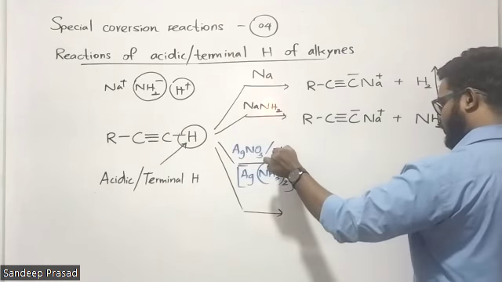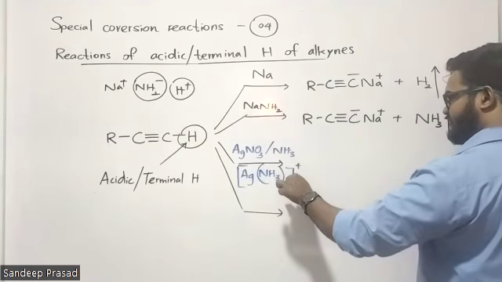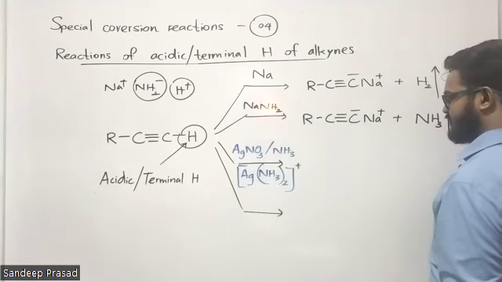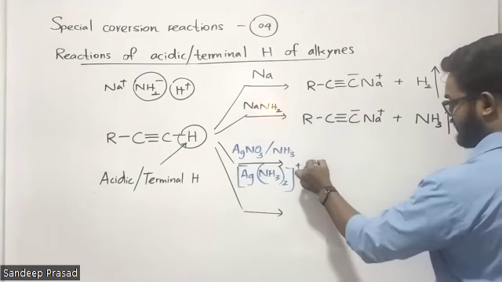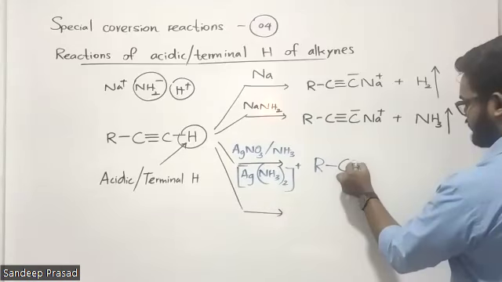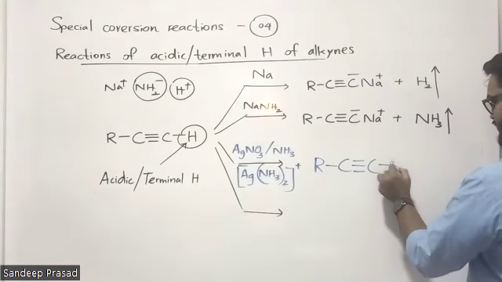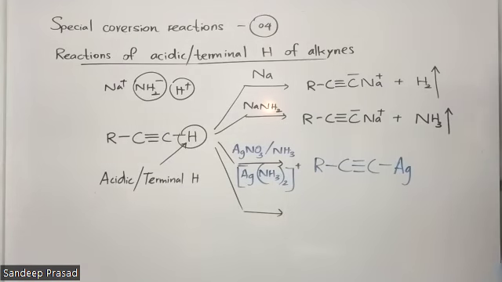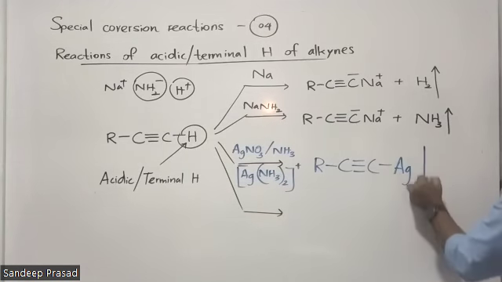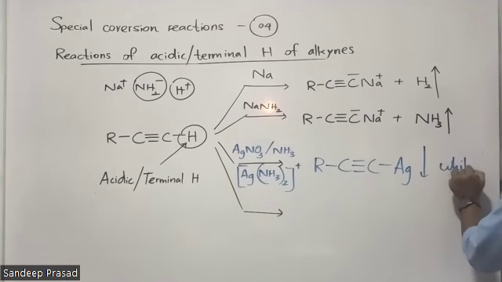So if you see in the examination, Tollens reagent is added to this kind of acidic terminal hydrogen, there will be a reaction. So what is the product here? Remember, students, the product is actually R, C, triple bond, C, with a silver atom coming instead of one hydrogen, that is the acidic hydrogen. Remember, sir, this is a white color precipitate. In aldehydes and ketones, we are learning that actually.